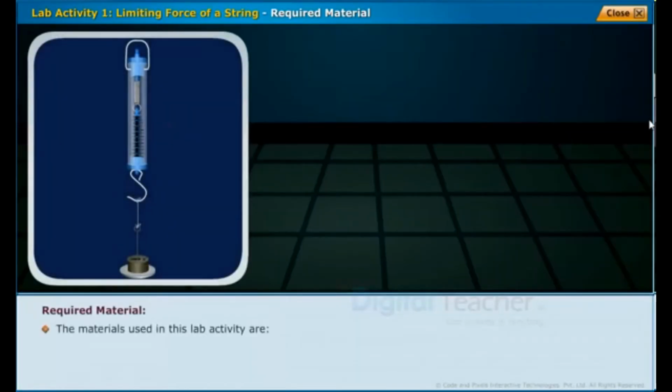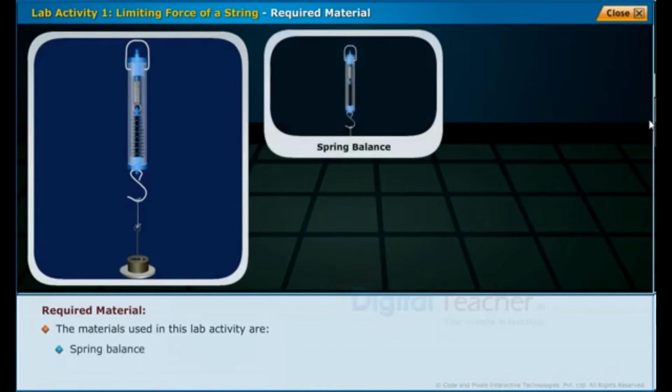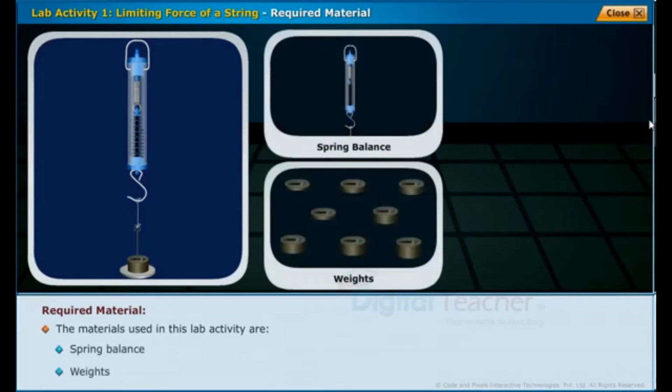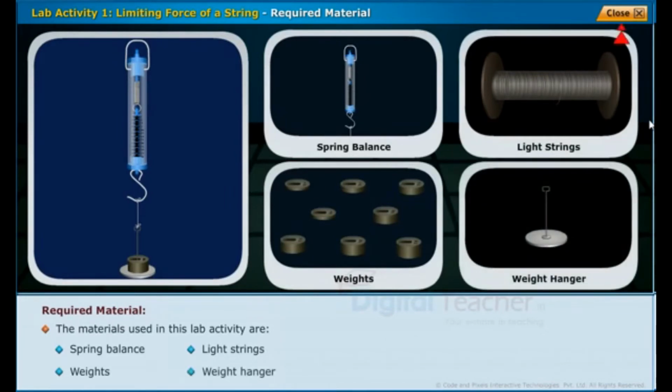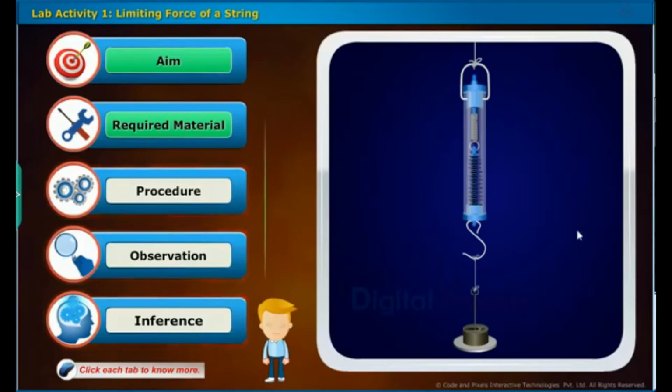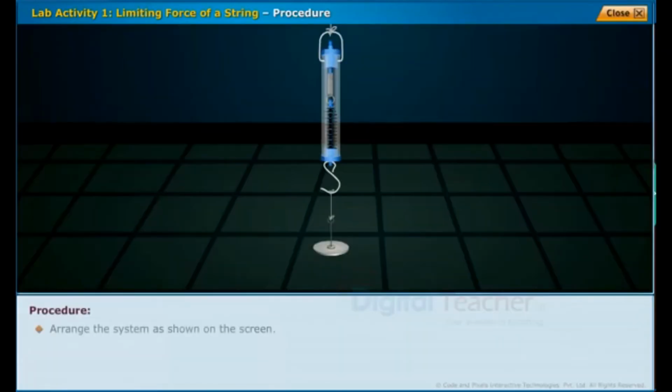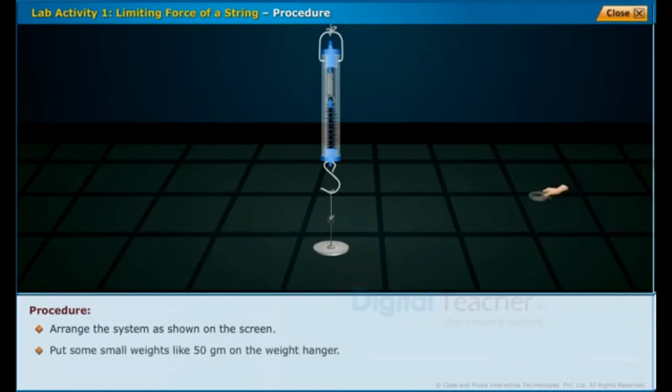The materials used in this lab activity are spring balance, weights, light strings, weight hanger. Arrange the system as shown on the screen. Put some small weights like 50 grams on the weight hanger.